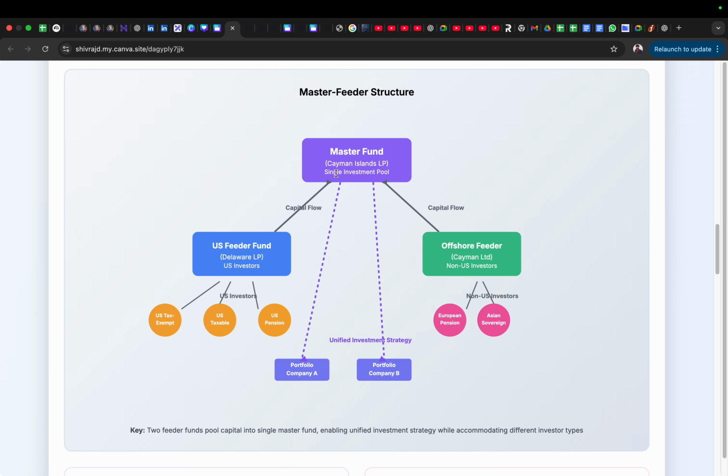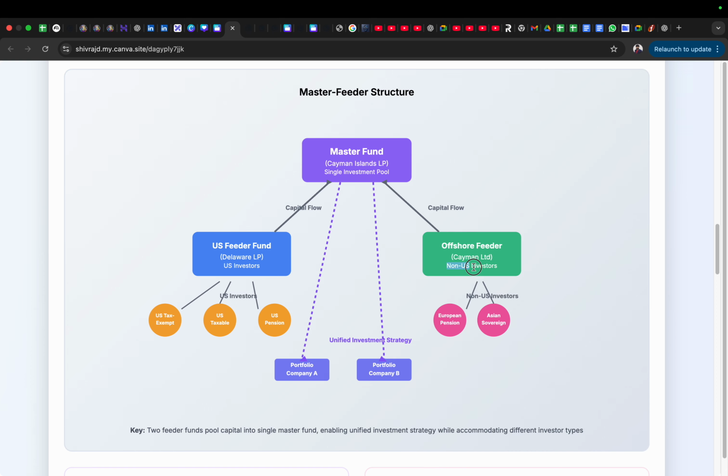If I talk about master and feeder, look at the capital flow. The master entity could be registered in Cayman or another tax haven jurisdiction, where any income the entity generates would be tax exempt. That master entity can have feeders, maybe in the US, maybe in Cayman.